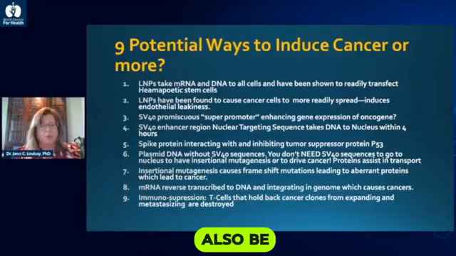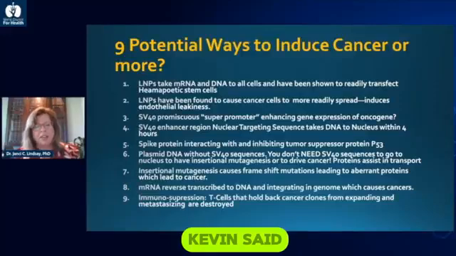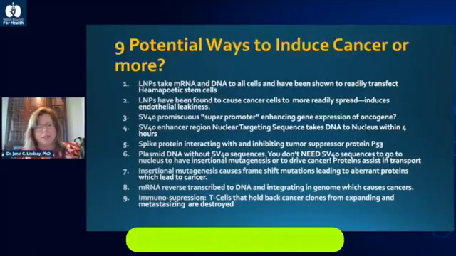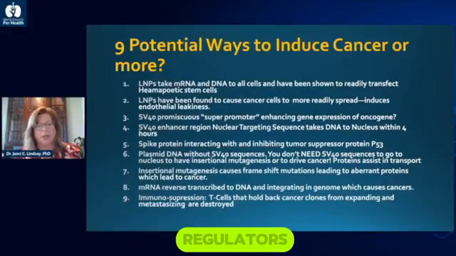There may also be an oncogenic effect of the LNPs themselves, which has not yet been studied. As Kevin said, there are SV40 elements to the plasmids. This is extremely concerning, particularly because they were not disclosed to regulators.